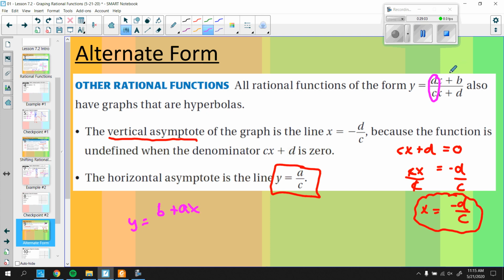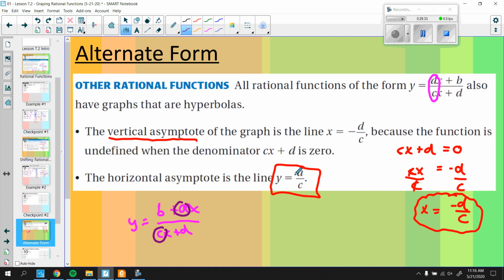Basically all I'm doing is flip-flopping this and this, so it's still the same form over cx plus d. A mistake people are going to make is to say b over c. It's not always just the first numbers listed. That would not be a good horizontal asymptote. It would be this number over this number. So it's the numbers that are attached to the x's, like the slopes, basically.